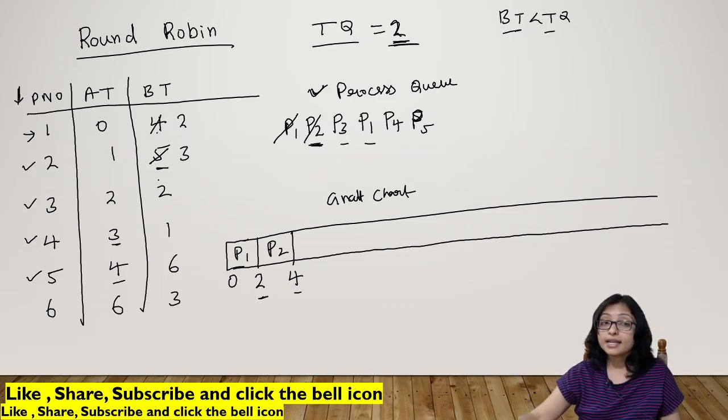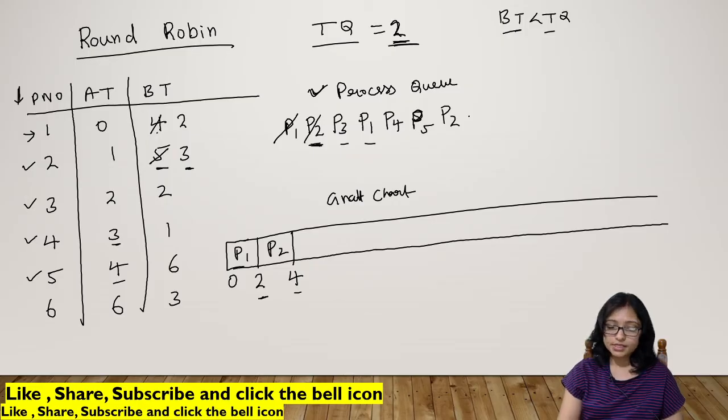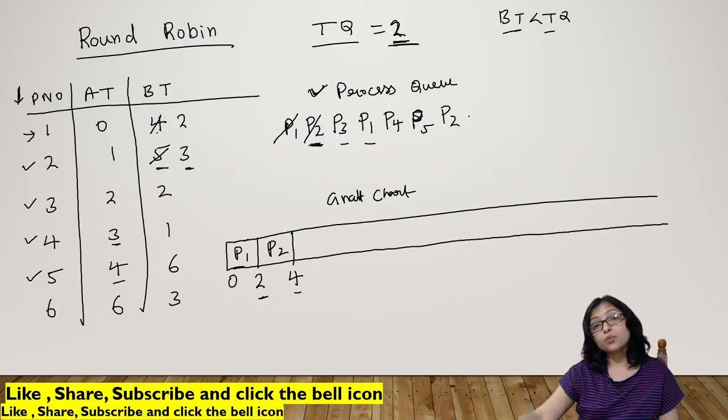Now, till now, P3, P2 did not complete its task. P2 till now remaining. Then after that, write down P2. Clear? I hope this is clear to you. So P3, after that P1, then P4, then P5, then P2.